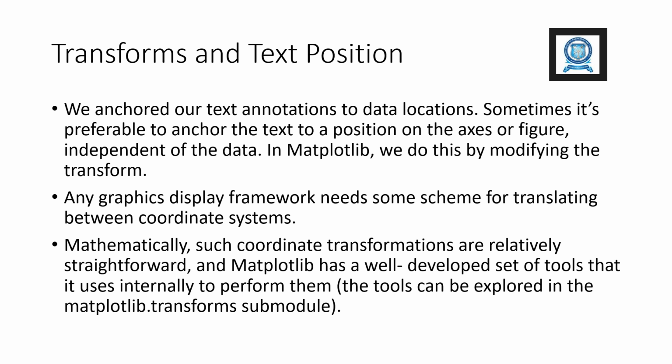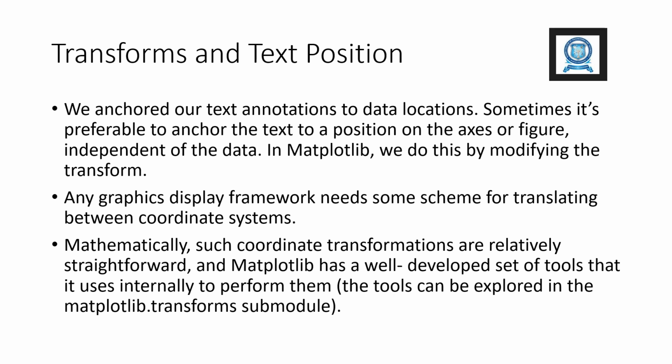Transforms and text position. We anchor our text annotations to data locations. Sometimes it is preferable to anchor the text to a position on the axis or figure independent of the data. In Matplotlib, we do this by modifying the transform. Any graphics display framework needs some scheme for translating between coordinate systems.